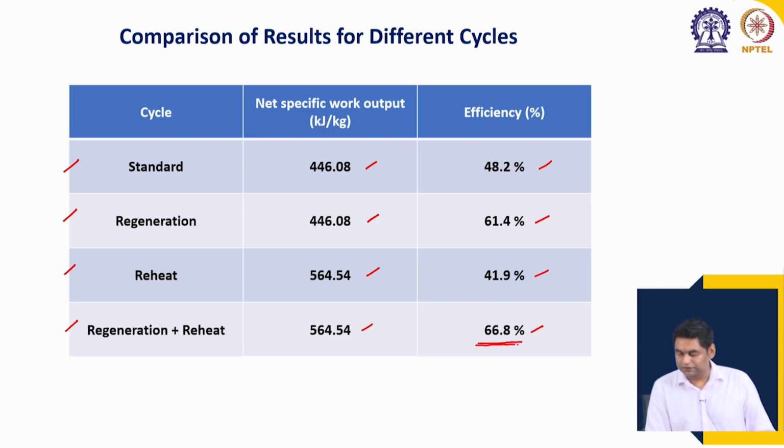So, again just to emphasize, with reheat plus regeneration we get very high efficiency, but we also get high work output. So, this has the benefit of both high work output plus the highest efficiency among all these 4 cycles, and you should try to think and logically try to find what is the reason for which adding the reheat to the regeneration increases the efficiency, while adding reheat to the standard cycle decreases that efficiency.